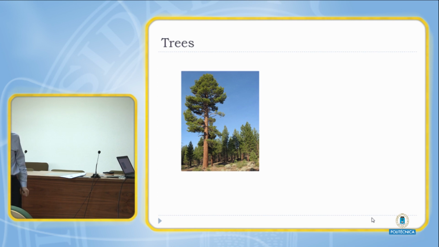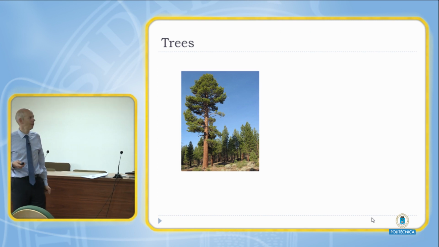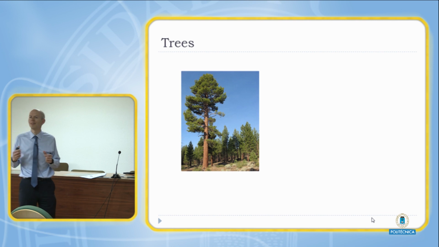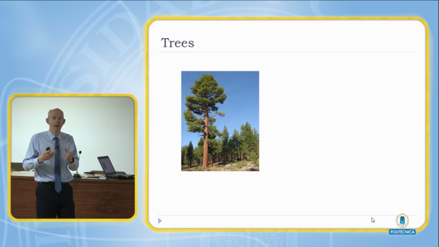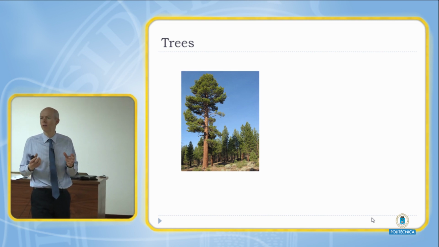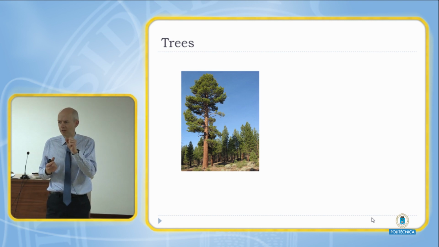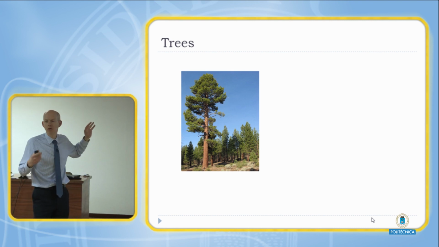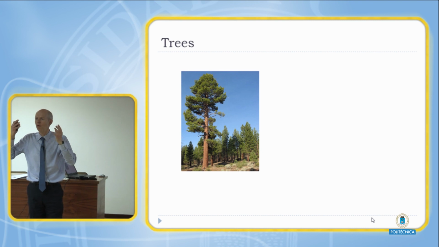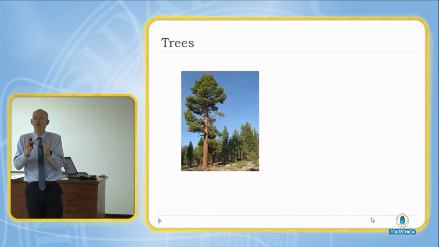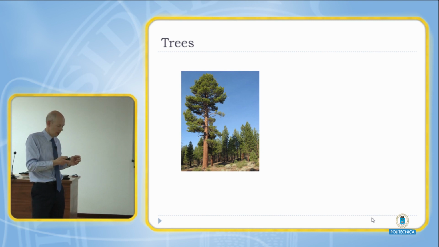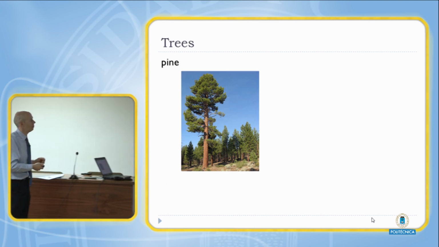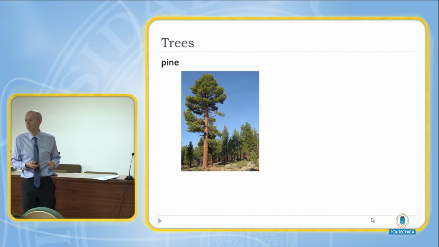So one technique which works quite successfully is to organize information thematically around a particular topic. So if we're thinking about trees, it's a good idea to try and picture or relate the picture to the particular word. So in this case, as you probably know, this is a pine tree.